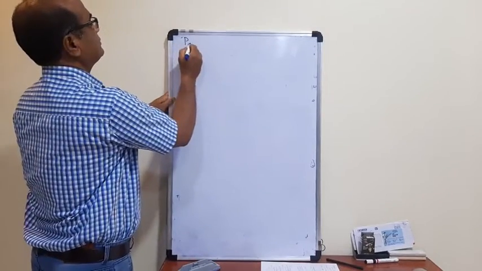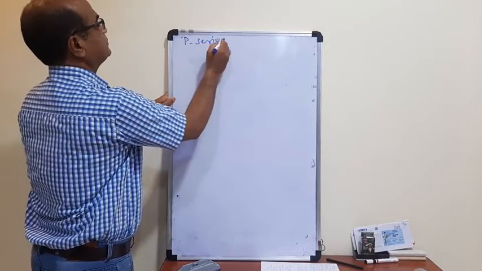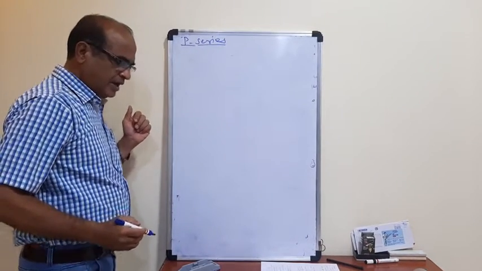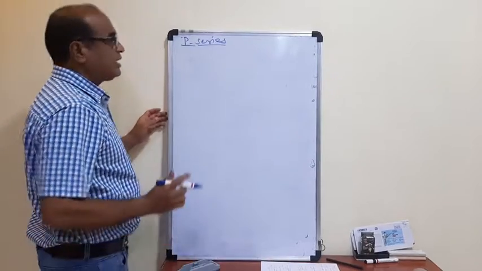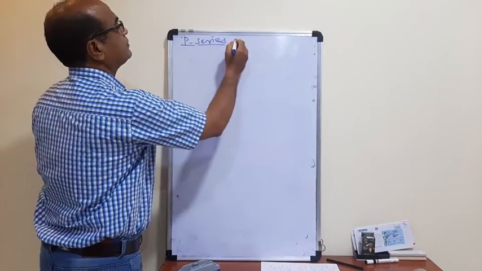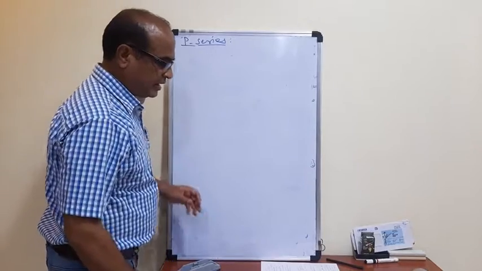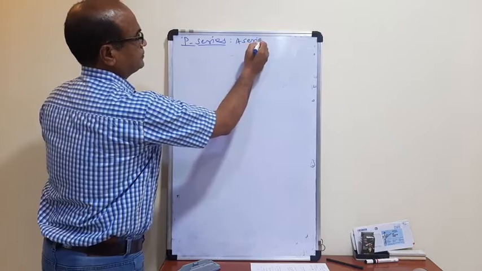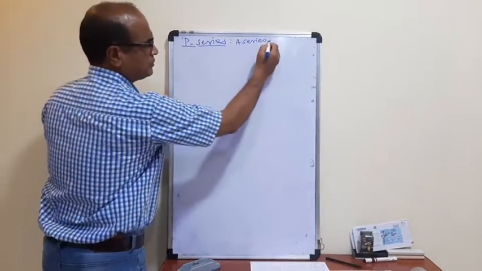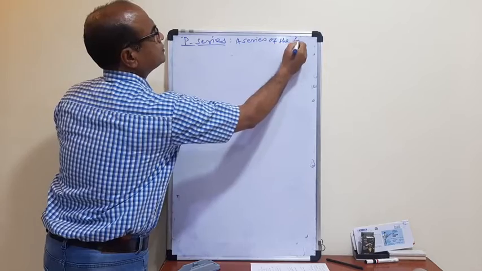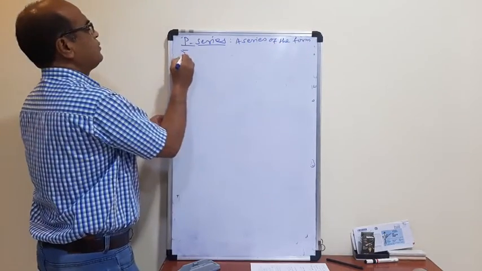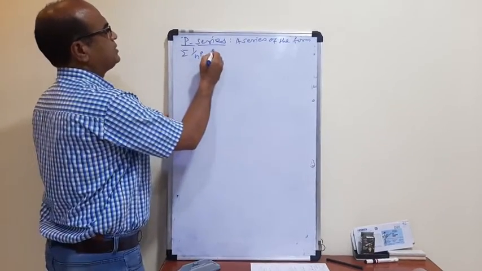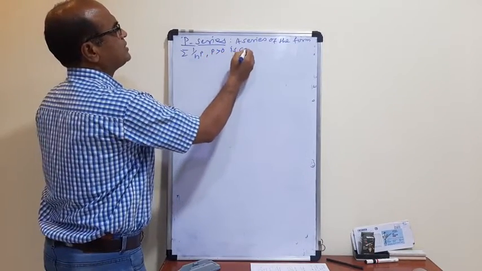What is the P series? So the definition is very simple here. A series of the form summation 1 upon n raised to p, where p is greater than 0, is called a P series.